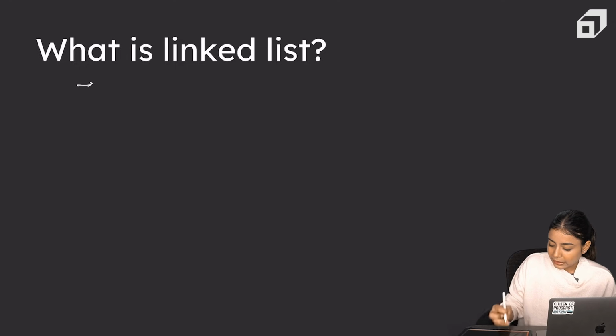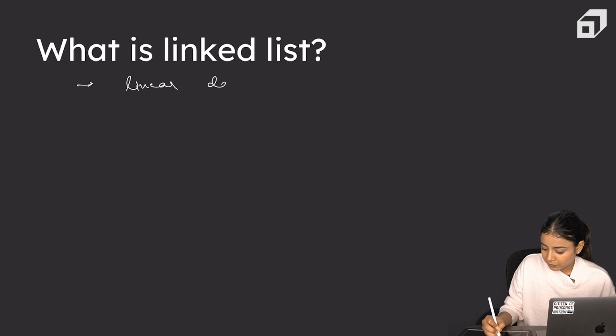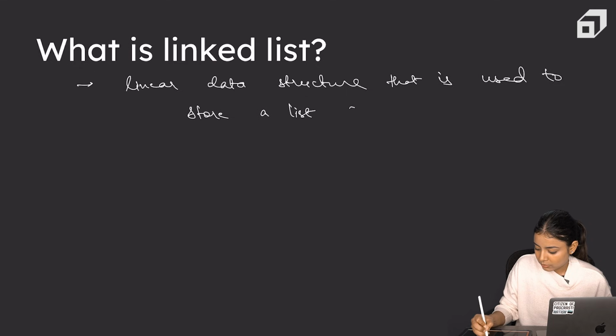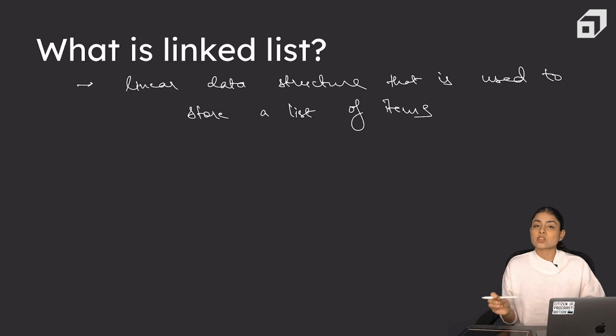In very layman language, I can say linked list is a linear data structure that is used to store a list of items. Okay, it is a linear data structure that is used to store a list of items.